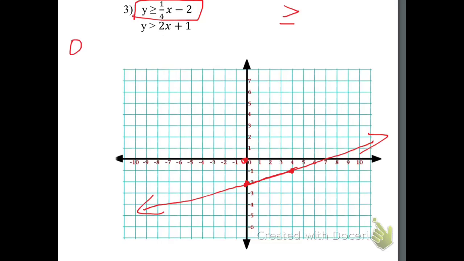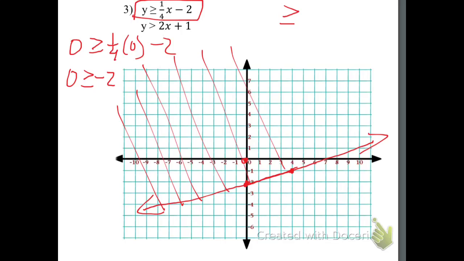So 0 goes in for y, 0 goes in for x, and then the subtract 2 is there. Well, 1/4 times 0 gives you 0. 0 minus 2 is -2. So the right side is just -2. 0 is greater than or equal to -2. Since that is true, we're going to shade this side of the line.